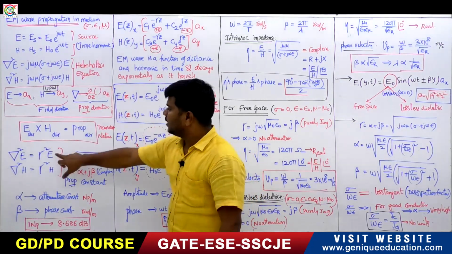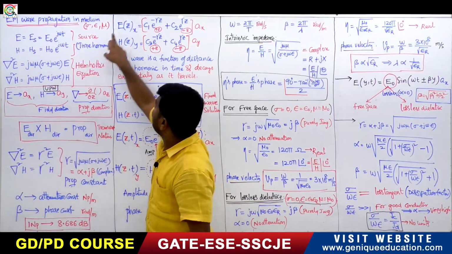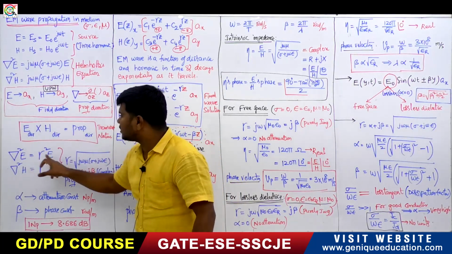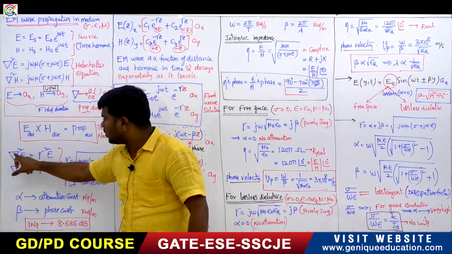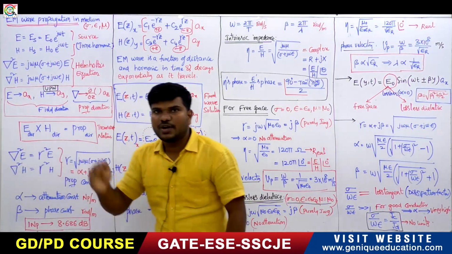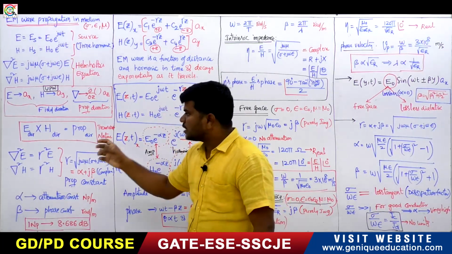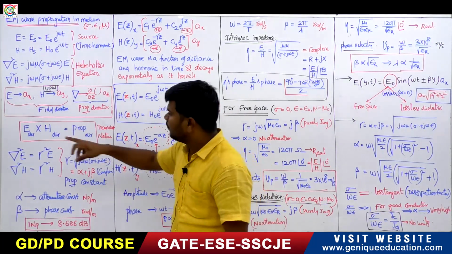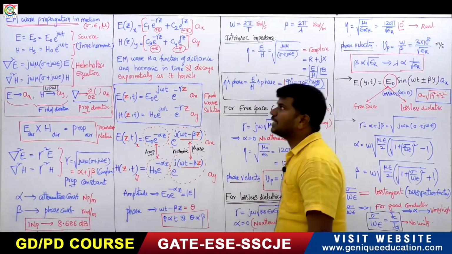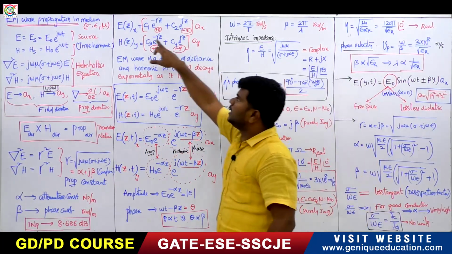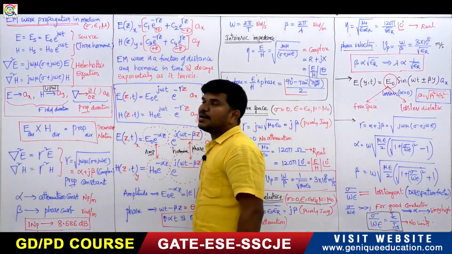E of z, because E is a function of z. The electric field is differentiated with respect to z, so we will get the function E in terms of z.